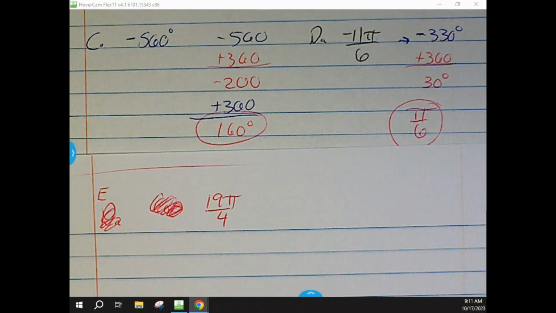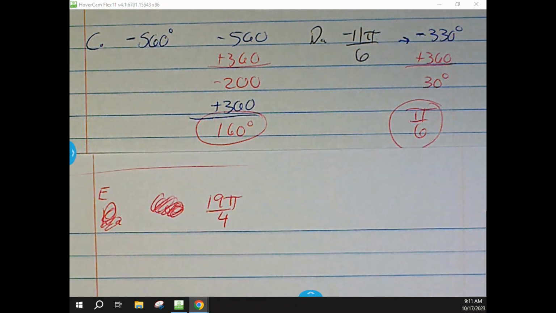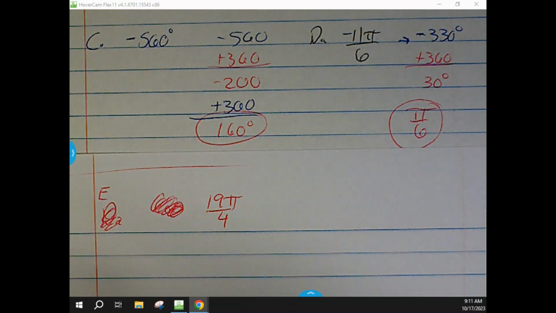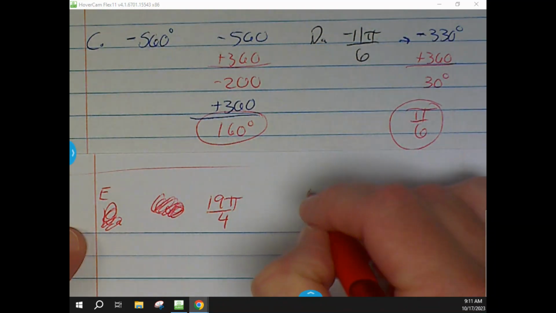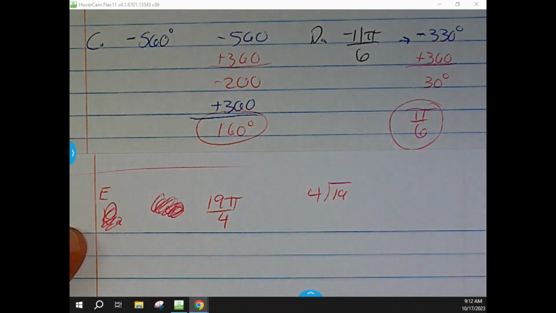And you may be going, okay, but that's nowhere on the unit circle. Here's where you can do this a couple of different ways. If they ask you to find something that's coterminal with 19 pi over 4, there are all kinds of things you can do. One option is to change it back into a mixed number.